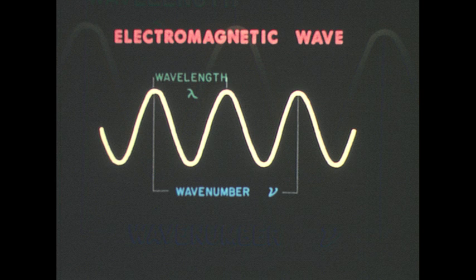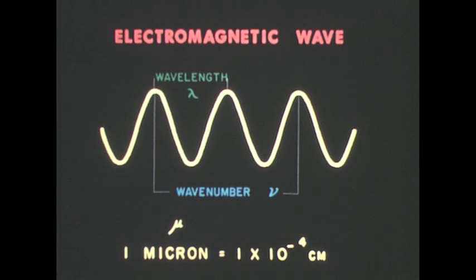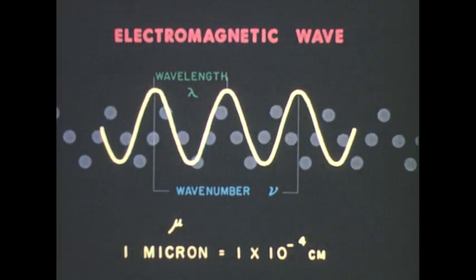The wavelength is usually given in microns, symbolized by the Greek letter mu. Besides being wave-like, according to quantum theory, electromagnetic radiation is composed of discrete units of definite energy content, called photons, or quanta.